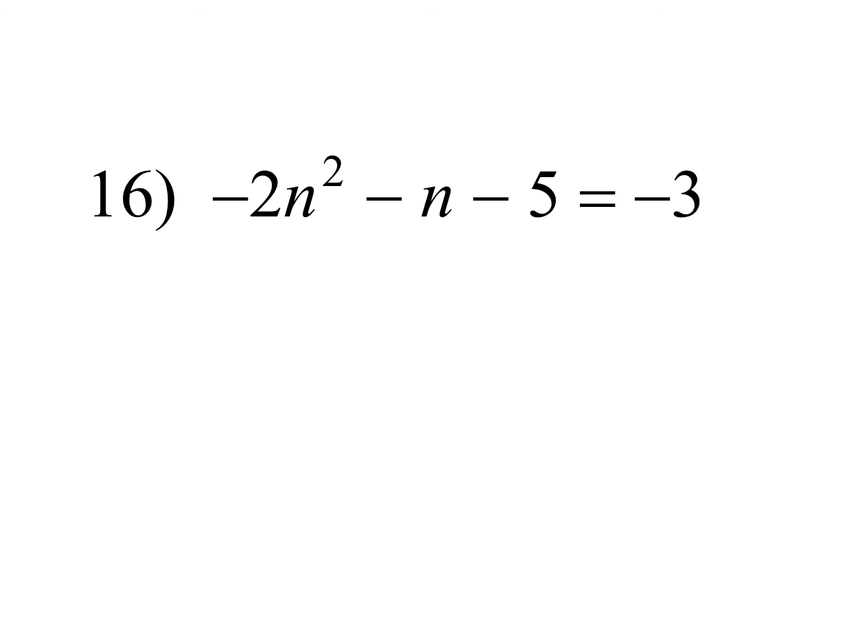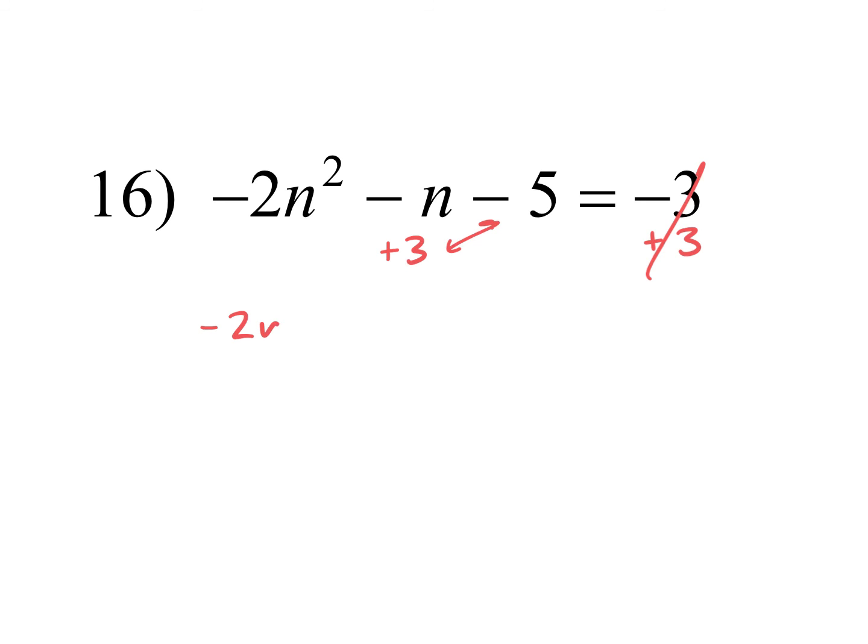So I only have -3 on the right side of the equal sign. What's the opposite of -3? +3. So I would add 3 to the left side also. What is the 3 going to be combined with? So what's a like term with 3? What am I combining that with? 5. So I'm going to add these two together.